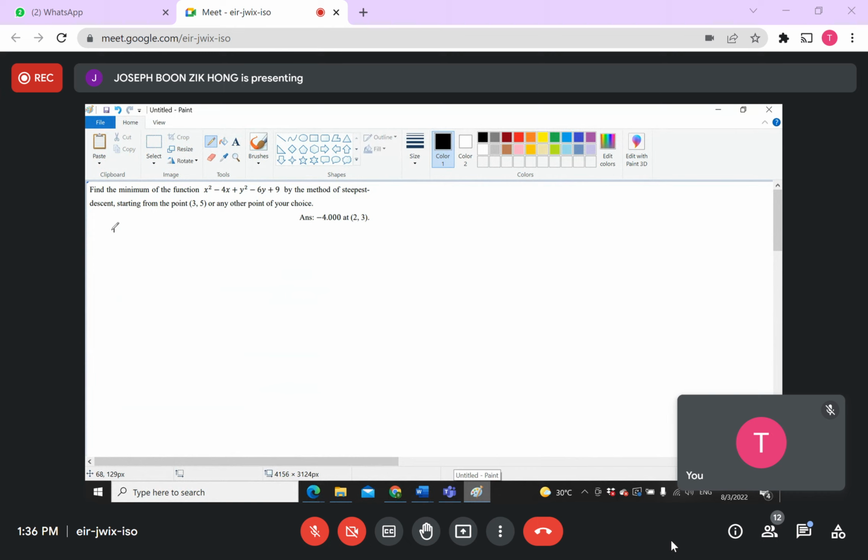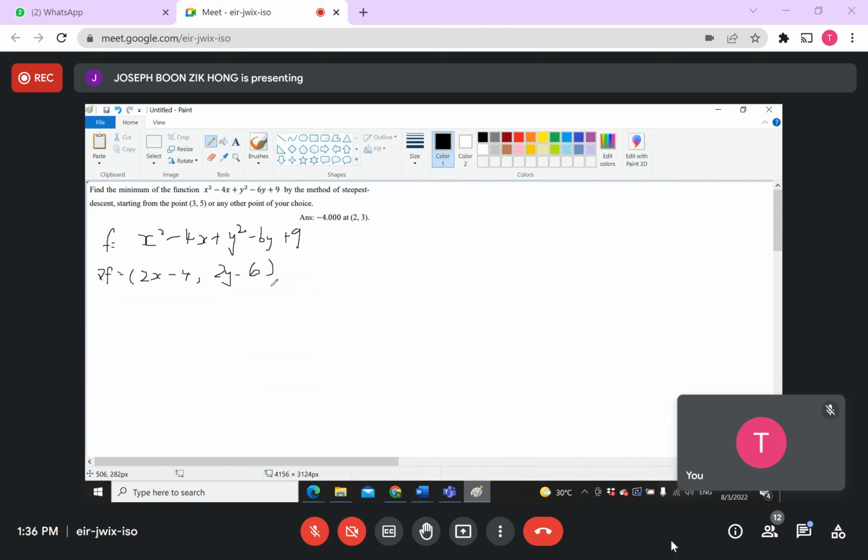Let's say my f is x squared minus 4x plus y squared minus 6y plus 9. So what will be your del f? Differentiating with respect to x, I have 2x minus 4. For y, I have 2y minus 6. Here we don't have z, so no need to consider z.